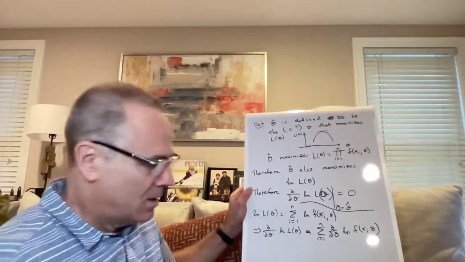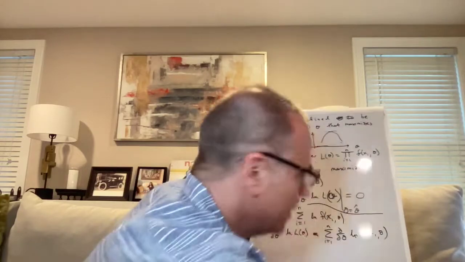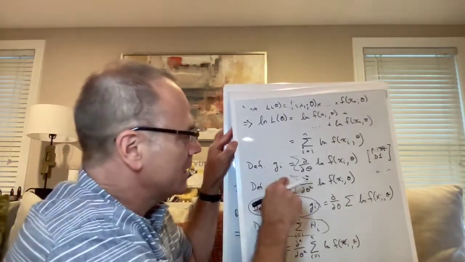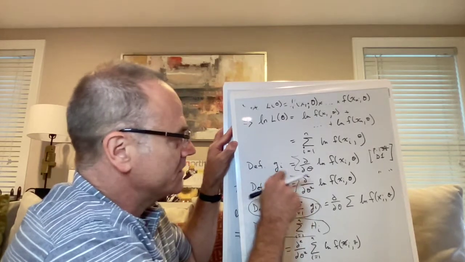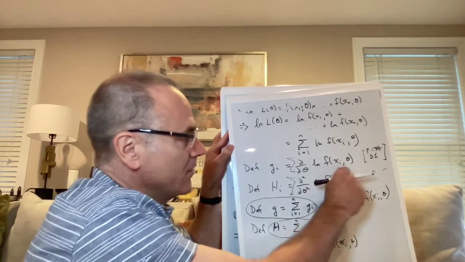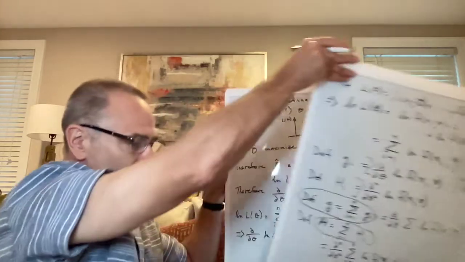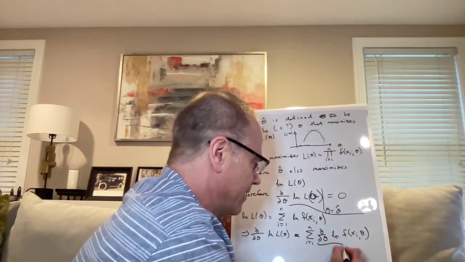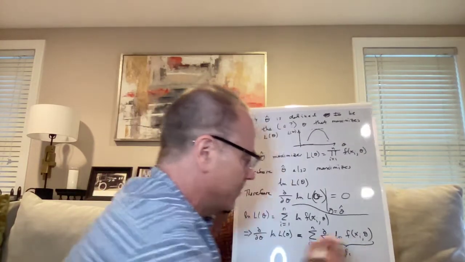Now let's go back to the former board. g_i we defined to equal the derivative of the log of f of x_i.